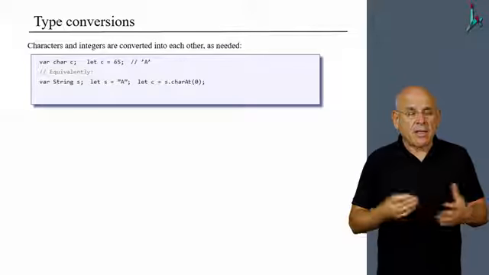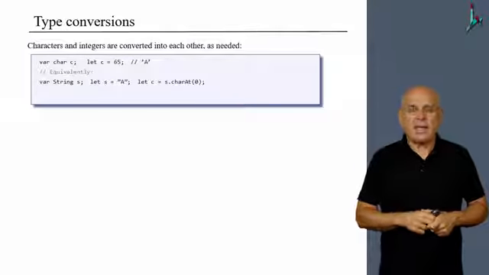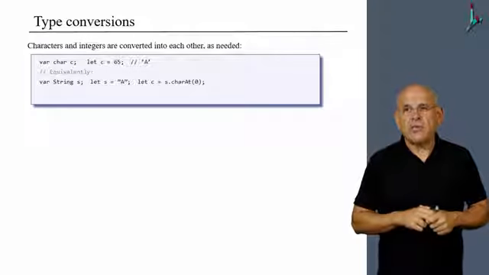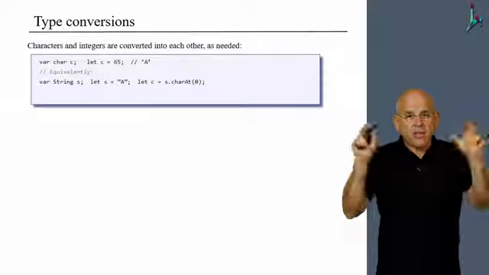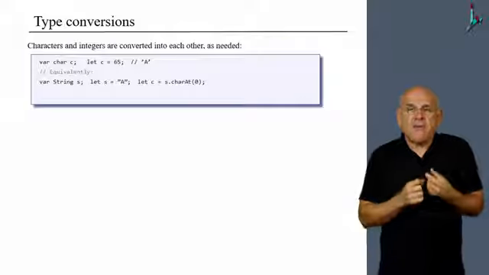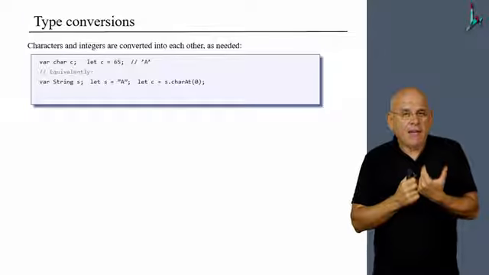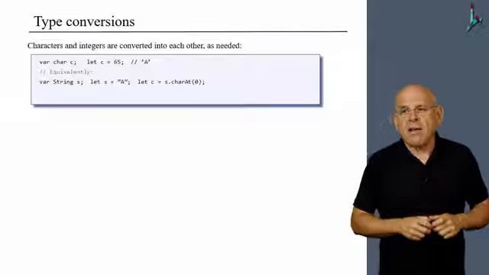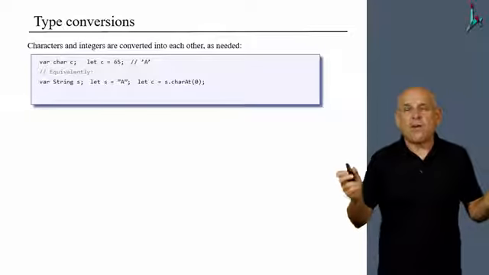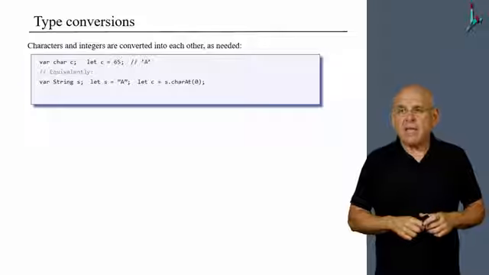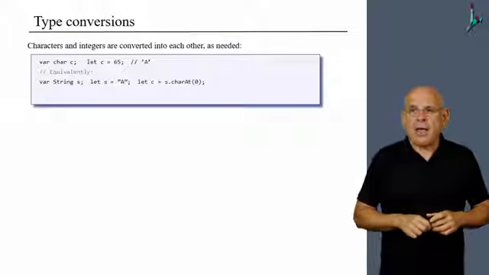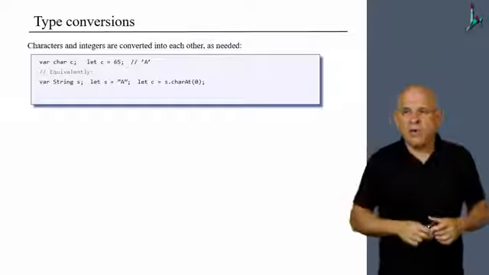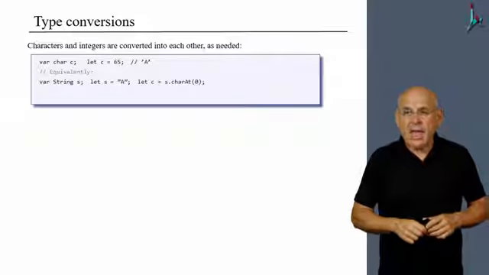Equivalently, I can also create a string called s. I can assign the string uppercase A to s with two double quotes. And if I want to convert it into a character, then I must use the charAt function, which is part of our operating system, and I do it by calling the charAt function on the string s.